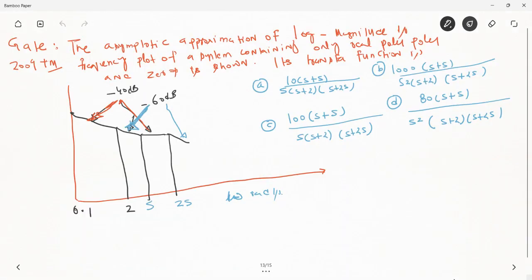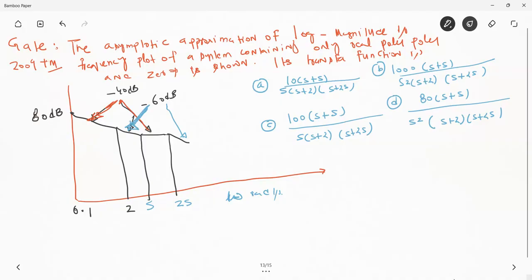Now let's analyze this problem. One of the problems is given. An asymptotic plot has been given and it is starting here from 80 dB. Its initial slope is given, and you have to identify the transfer function of this.